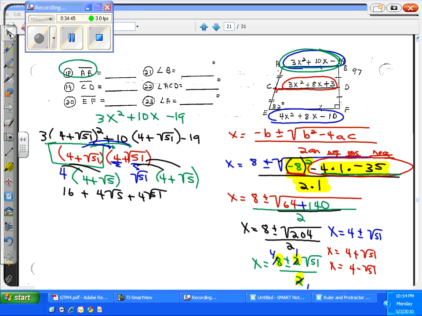Distribute again, plus 4 square root 51. And this is a 51. I keep making mistakes, which is not nice to do at all. I put 5s instead of 51s. It's not good when you have such a big problem to make mistakes.